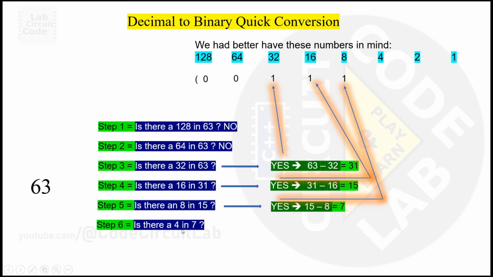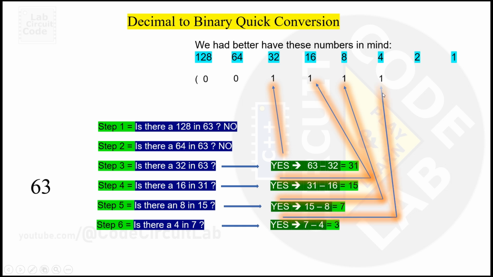Is there a 4 in 7? The answer is yes. We subtract 4 from 7 and we get a 3. And also because there was 4 in 7, we put a 1 under 4.